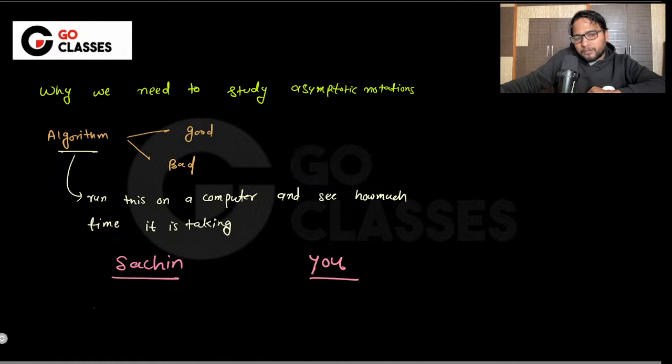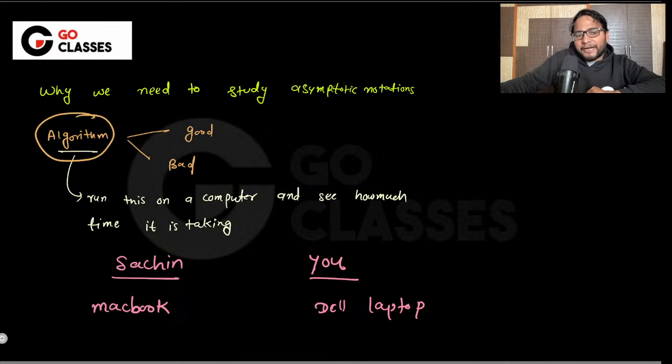I have a MacBook and you have, let's suppose, some Dell laptop. It might be the case that this algorithm runs better on my computer and not as well on your computer, because the computers are different.